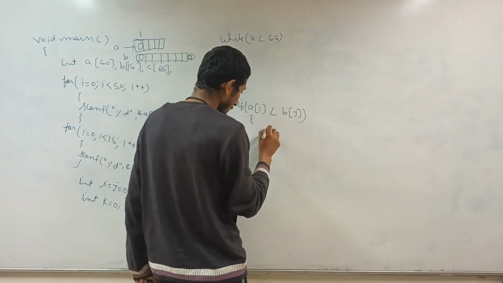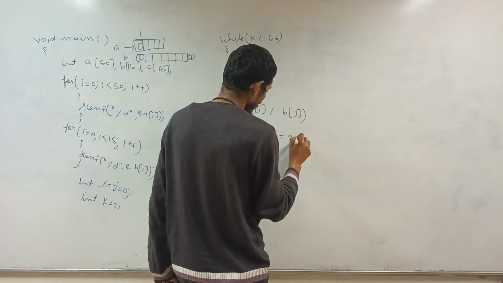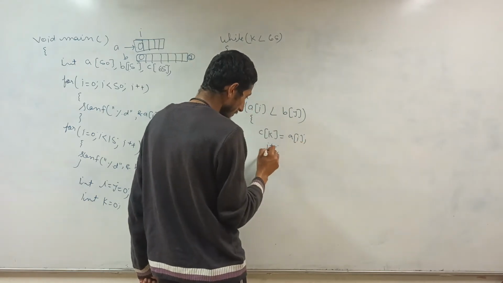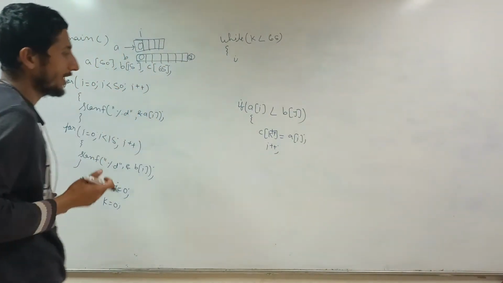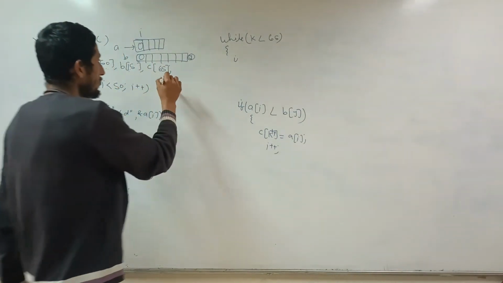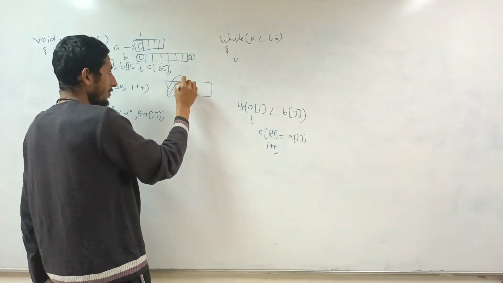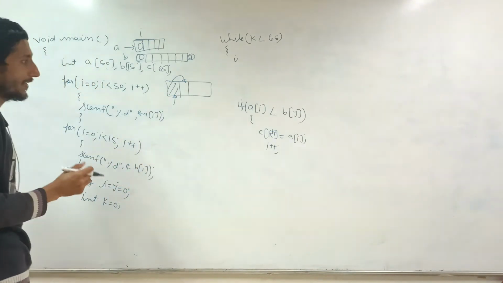You are going to copy C of K equals A of I, and the value of I will be incremented by 1 and K plus plus. So every time you copy a value into the new array, you are going to increment the counter. It means this position has been occupied.